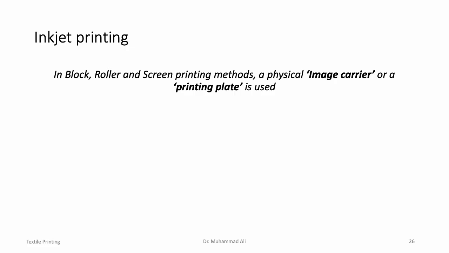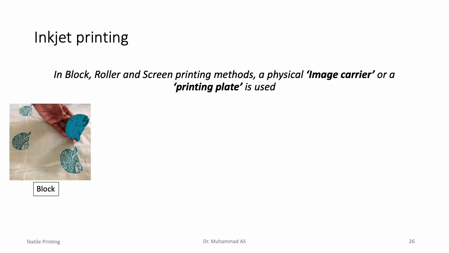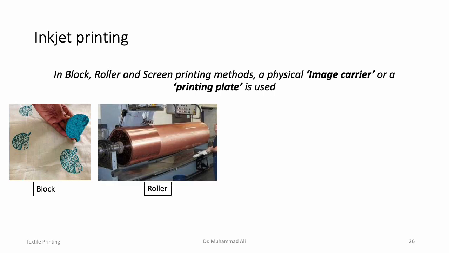So for instance, in case of block printing, it's the block which is a physical object carrying the image that we want to print. So that's called the image carrier or the printing plate. In case of copper roller printing, it's the copper roller itself which is carrying the image. So the copper roller is the printing plate for roller printing process.